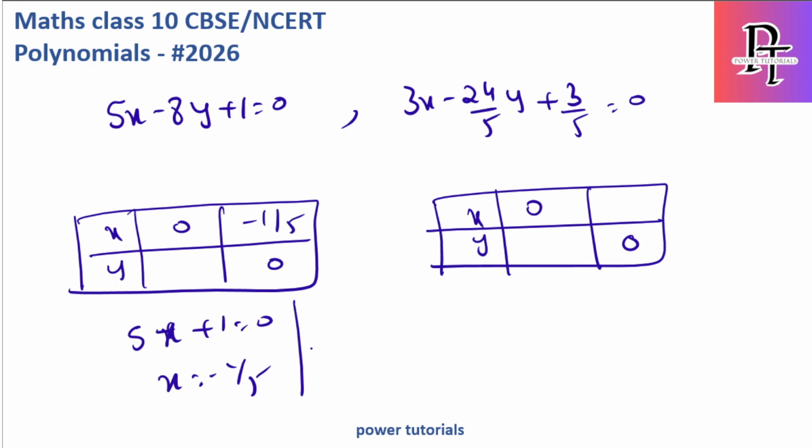If x is 0, then minus 8y plus 1 is equal to 0, so minus 8y is equal to minus 1, so y is equal to 1 by 8. Okay, so it is in fractions here.